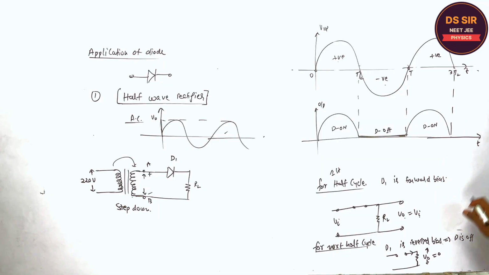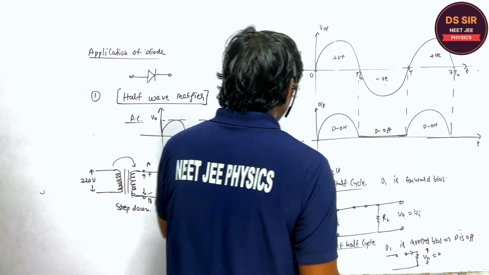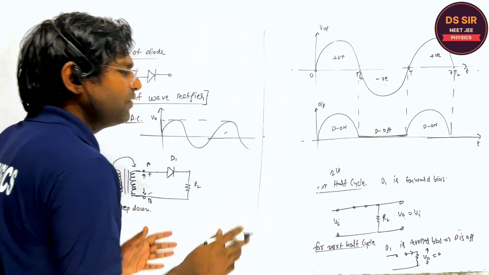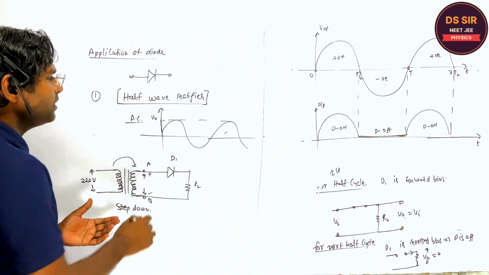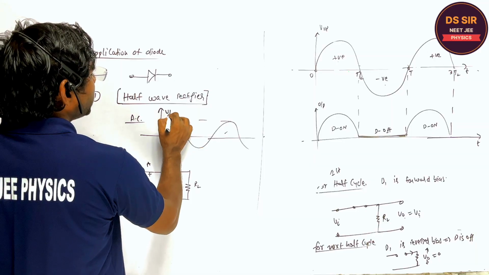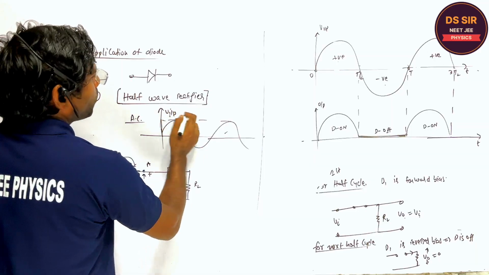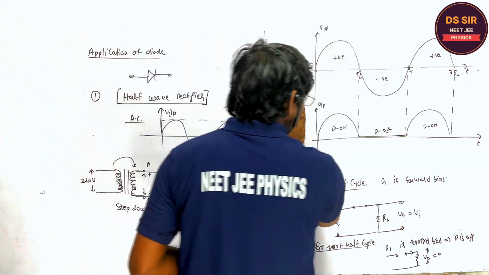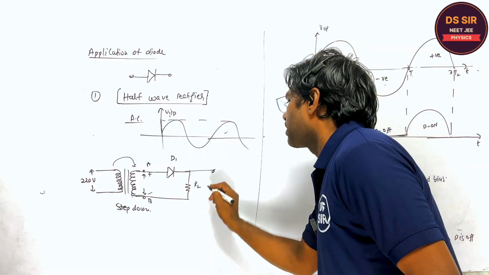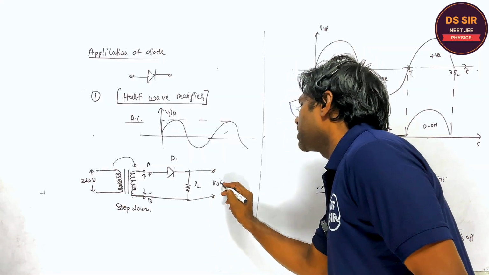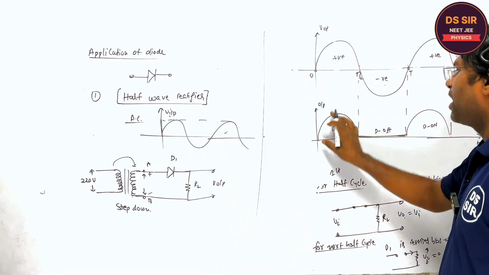Are you getting or not? So that is why it is called the half wave rectifier. Half wave means, if this is the input voltage, then in the output voltage over here, you will get the half wave only.